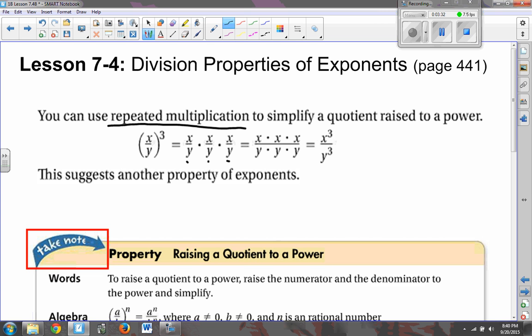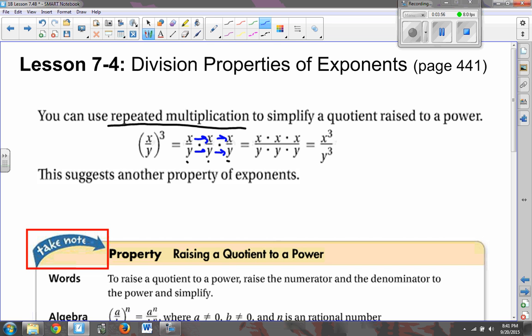But when we multiply fractions, we should know that multiplying fractions is just multiplying across the top and across the bottom. So this is x times x times x on the top of my fraction, y times y times y on the bottom of my fraction. Okay? So hopefully that step makes sense to you, just multiplying fractions across the top and across the bottom.